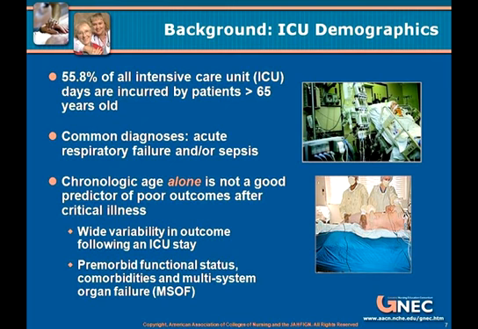What we know about older adults, and I think what is most important for students to understand, is that chronologic age alone is not a good predictor of poor outcomes after critical illness. So we can't assume that because a person is in their 80s or 90s that they won't do well after a critical illness. There's wide variability in outcomes following an ICU stay, regardless of age.